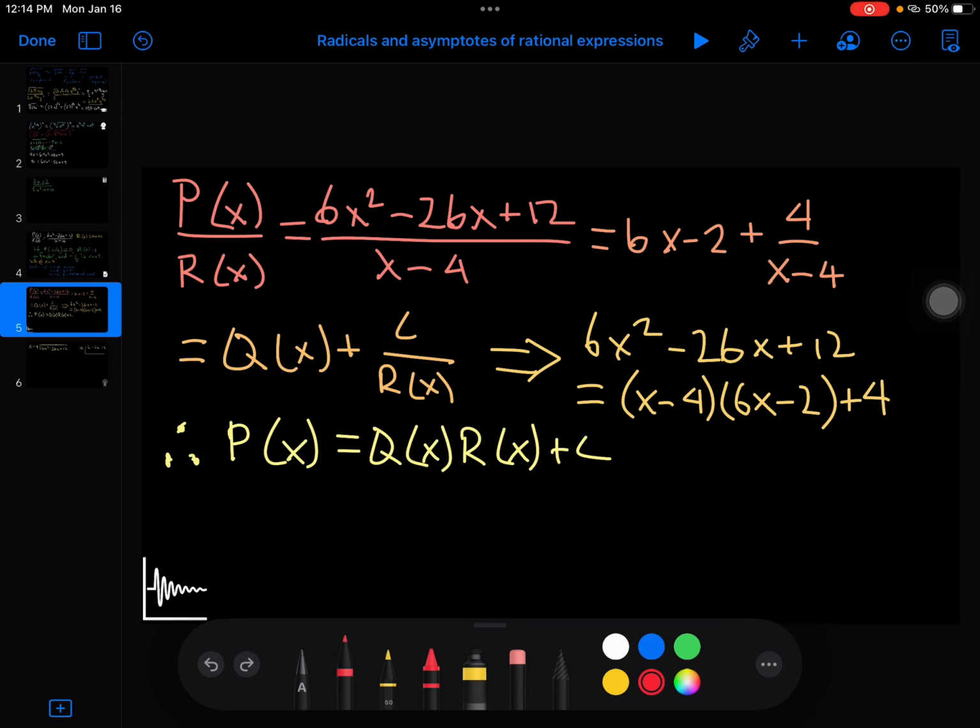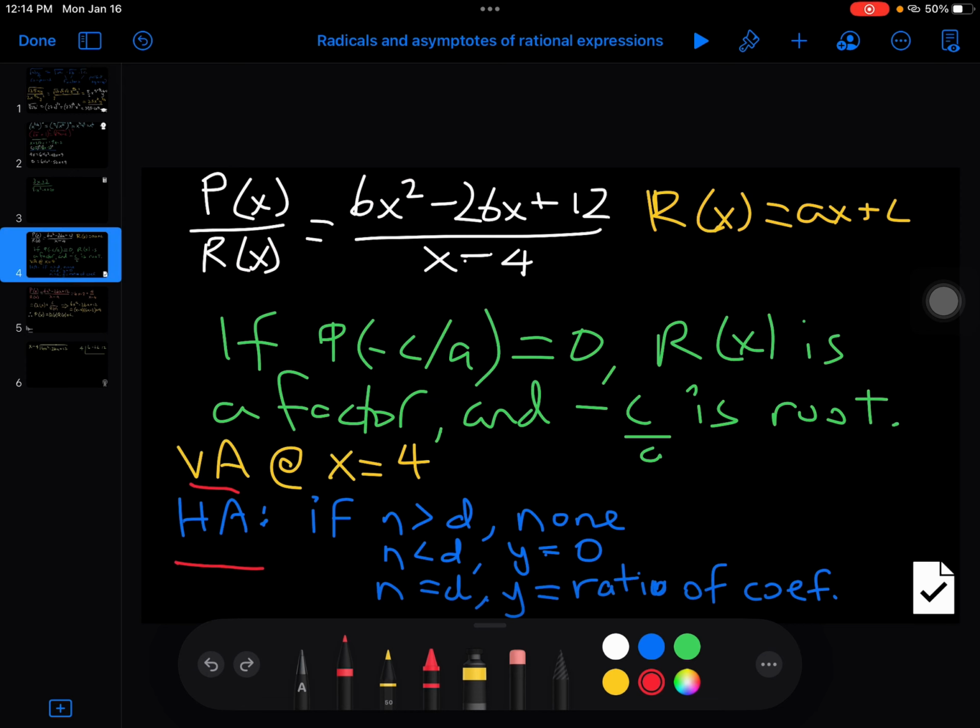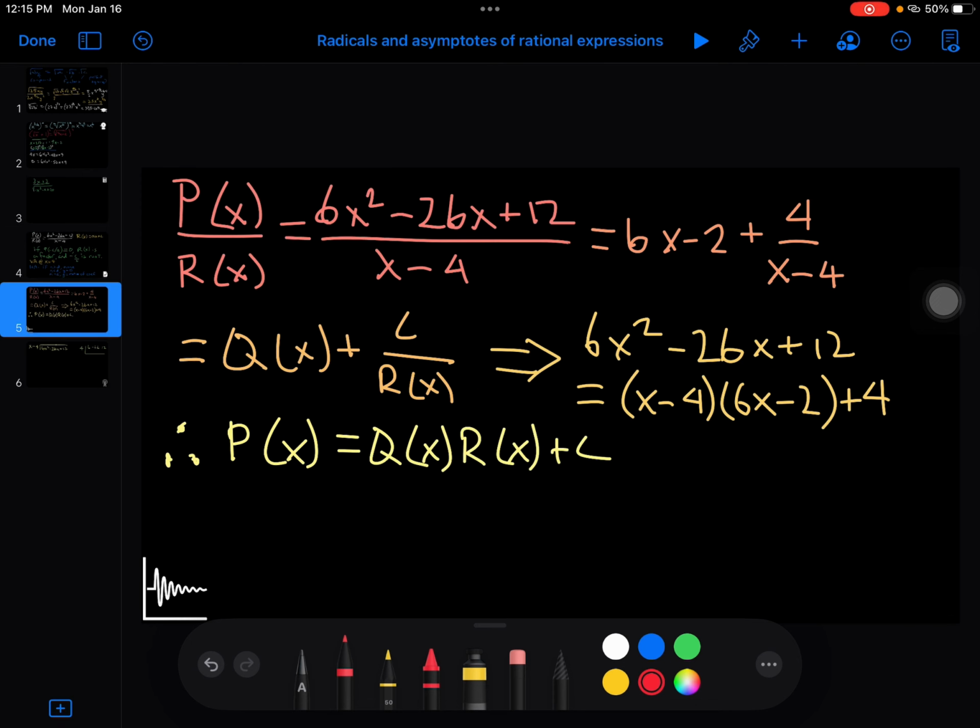So we've got this quadratic up top and this binomial on the bottom, and we can test it using the factor theorem, which states that if 4, which is negative 4 divided by 1, if 4 as x returns 0 when we plug in 4, then this whole binomial here is a factor, and 4 would be a root, right?